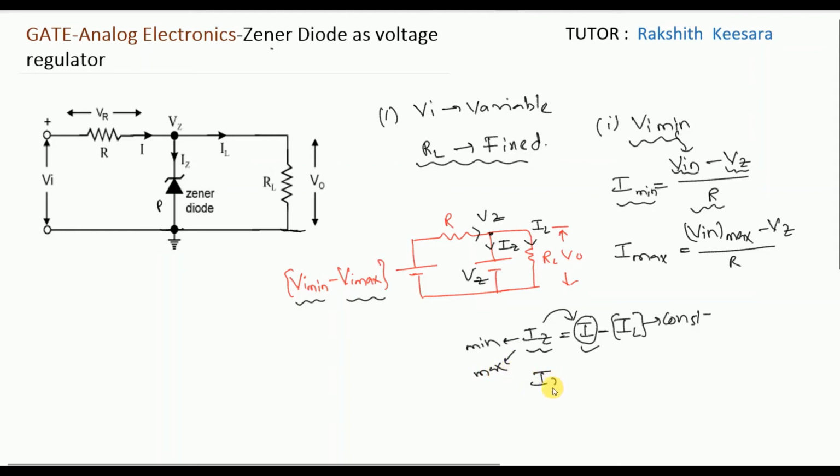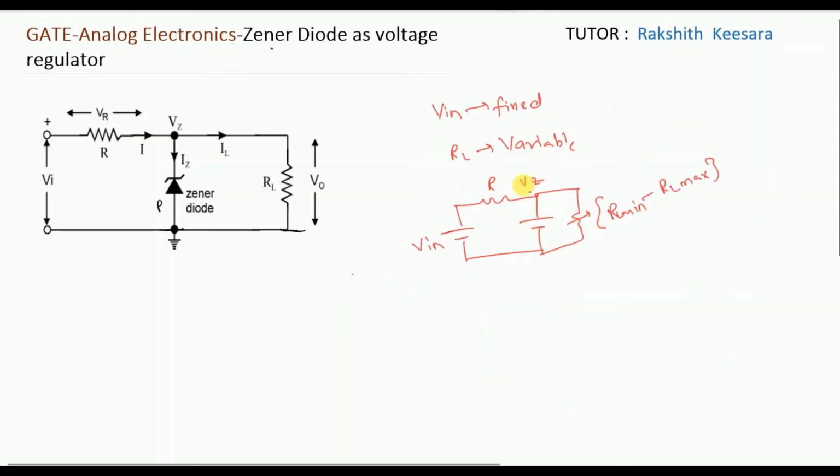So I am writing here Iz minimum equal to I minimum minus IL. So what is I minimum? When will you get I minimum? When we apply V input minimum. So when the input voltage is minimum, we will get minimum Zener current. Similarly, when the input voltage is maximum, we will get maximum Zener current. So this is the second case guys. Now we will move to the third case.